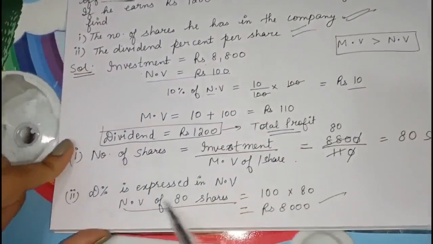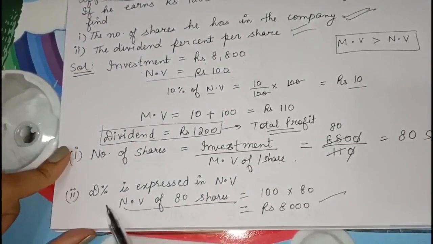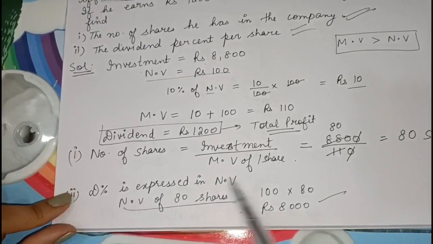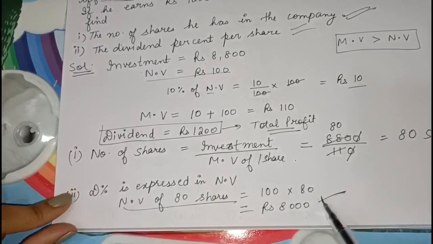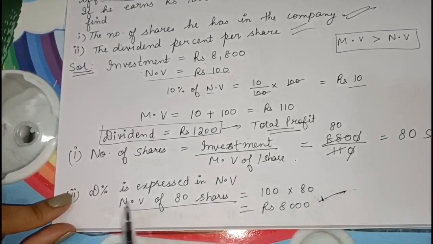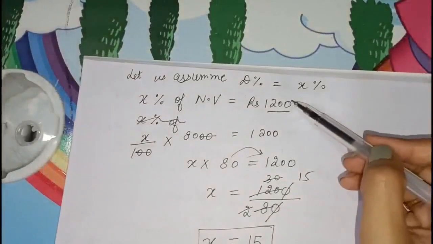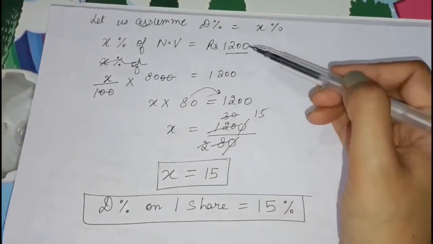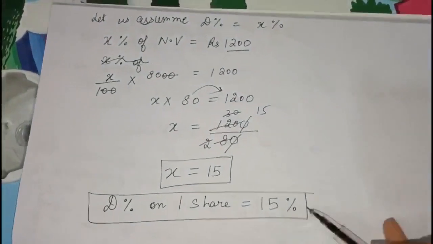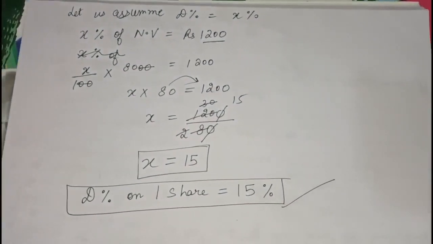A little bit of concept we used here. First of all, we found the nominal value of 80 shares, because we know dividend is expressed as a percent in terms of NB. So we used this concept, and then we found the value of dividend percent on each share, which we got equal to 15%.